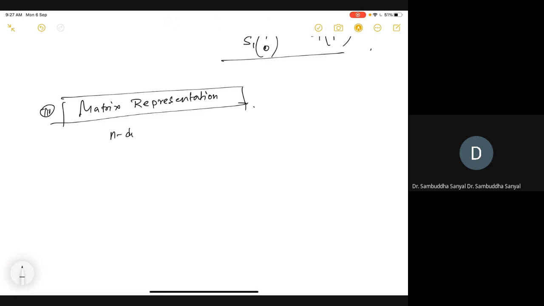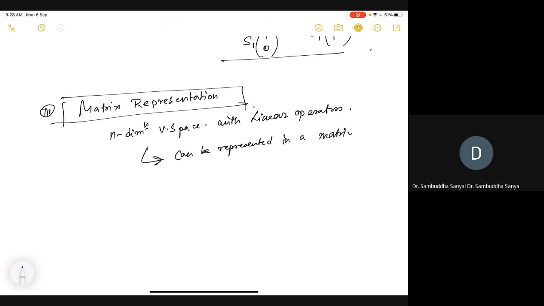An n dimensional vector space, n being the dimension in the sense I defined it, with a linear operator can be represented in a matrix form of appropriate type. Now notice there are two things here.